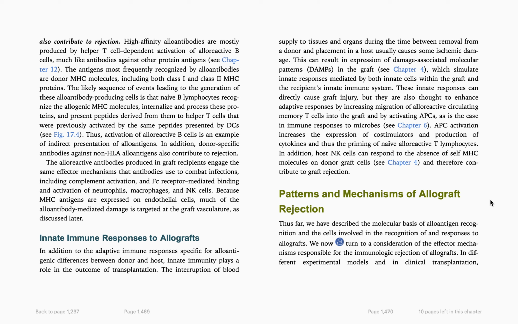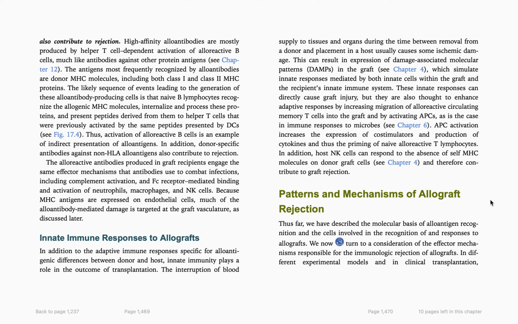The likely sequence of events leading to the generation of alloantibody-producing cells is that naive B lymphocytes recognize the allogeneic MHC molecule, internalize and process these proteins, and present peptides derived from them to helper T cells that were previously activated by the same peptide presented by dendritic cells. Thus, activation of alloreactive B cells is an example of indirect presentation of alloantigens.